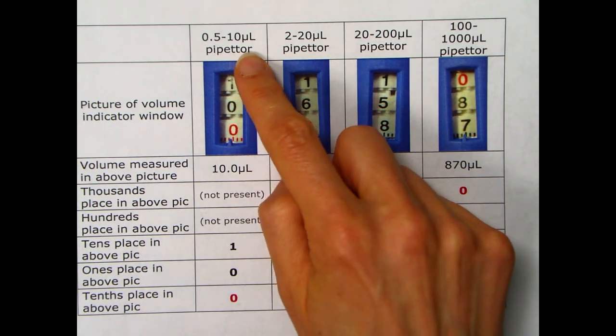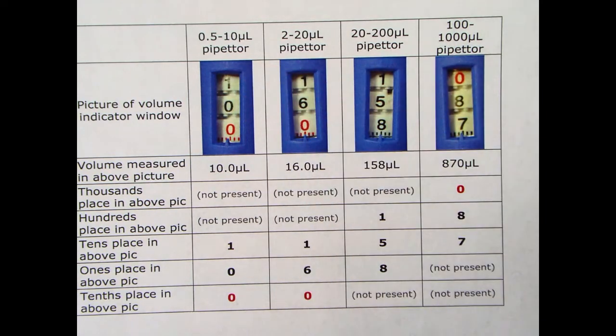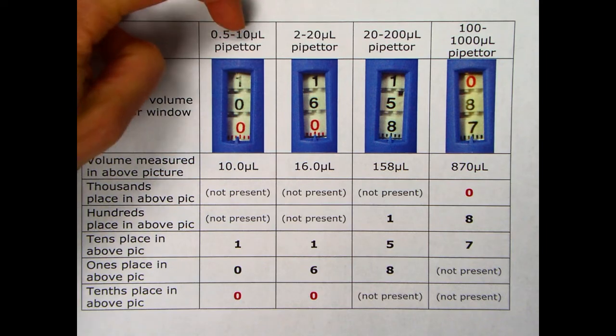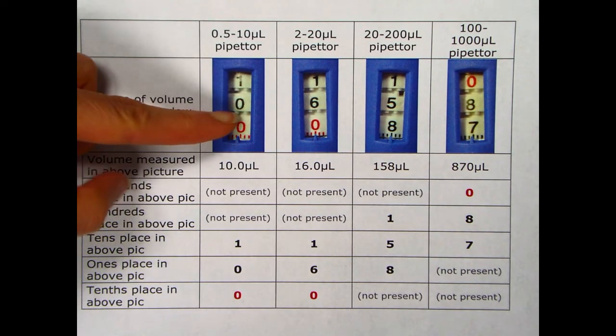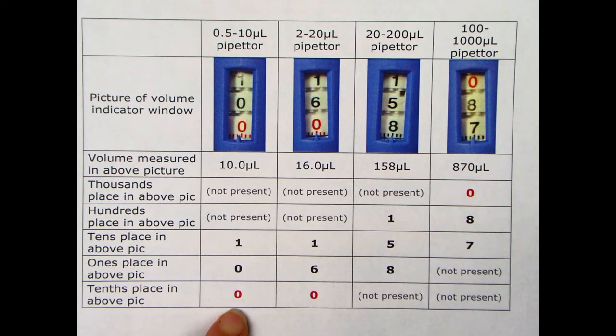Since this is the 0.5 to 10, this top box here is going to be what place? The tens place, because the largest unit of the maximum volume is the tens place. So we've got tens place, ones place, then this is the tenths place. And we have it red to remind us that it's a decimal.